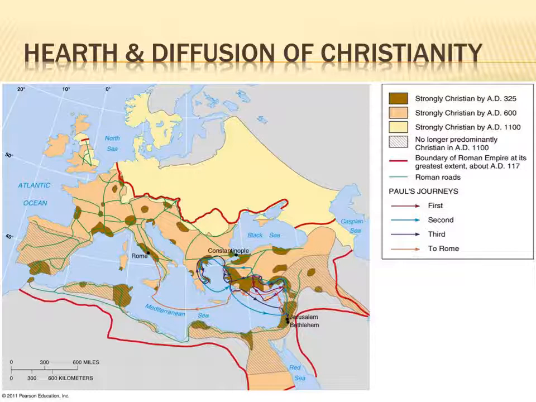Now, one thing that this map doesn't show is the first country that officially converted to Christianity, and that was Armenia. An important note to make, because it's not represented on this map, which mainly just looks at the Roman Empire, and the Roman Empire converting to Christianity is an important part of Christian history.